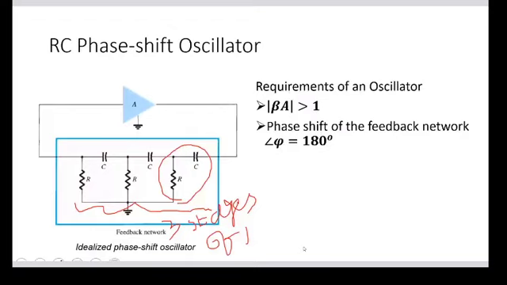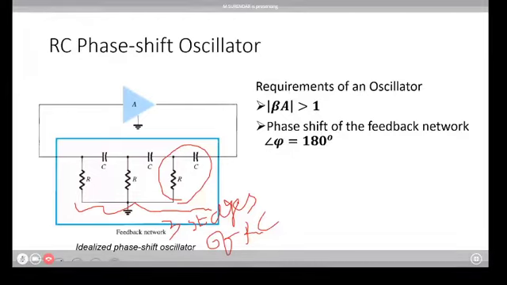The problem with the RC phase shift is that it introduces a phase shift of 180 degrees. So accordingly you want to introduce another 180 degree phase shift in your actual amplifier A, and then only you could get an oscillation.